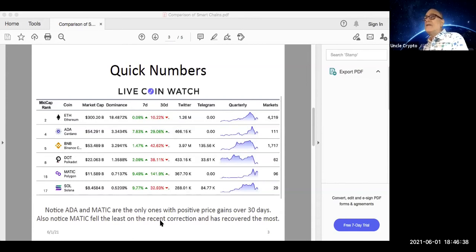And so if you look at the quarterly graph I've got over here, you'll notice that the one coin that didn't come down as far on the correction, and you see where the correction is on every one of those graphs, where it suddenly goes from up to sharp down, almost to the bottom of the graph, that's the correction.